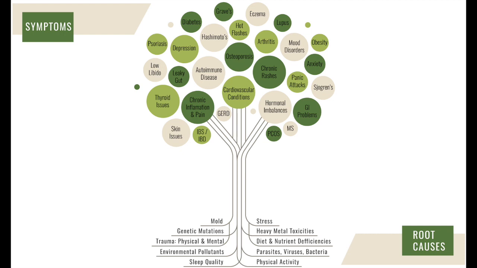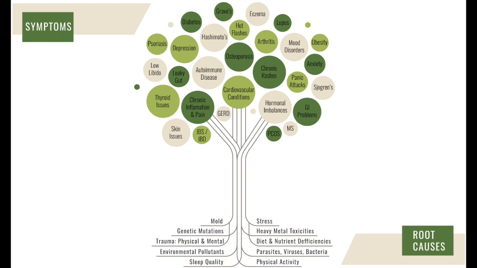Stress, diet and nutrient status, particularly nutrient deficiencies, exposures to different types of toxins in your environment, whether at home, work, or other places you might frequent. Physical activity, the quality of your sleep, genetic mutations, heavy metal toxicities, or the presence of parasites, viruses and bacteria hiding out underneath pathogenic biofilms.